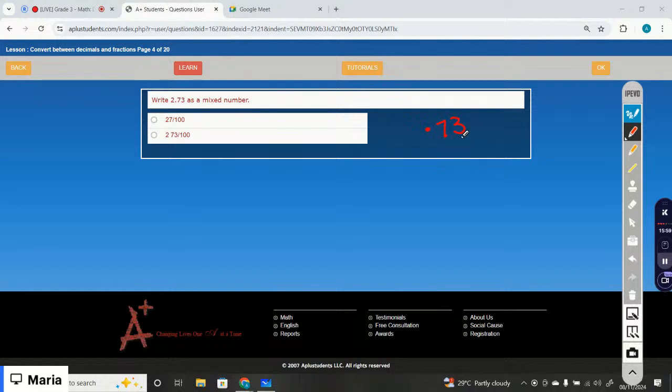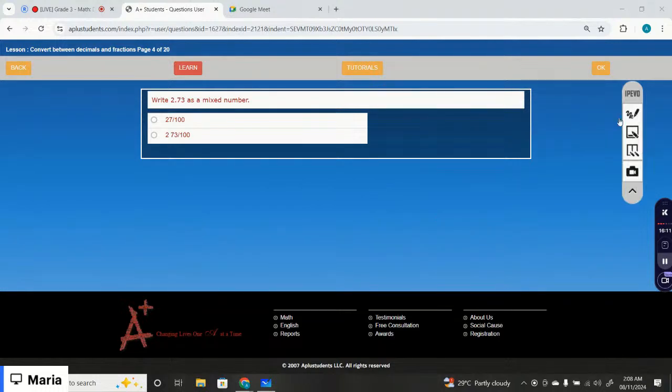So you can write 73 hundredths, or 73 over 100. 2 is the whole number. So it would be 2 whole 73 by 100. Option number 2 is the correct option. Got it?